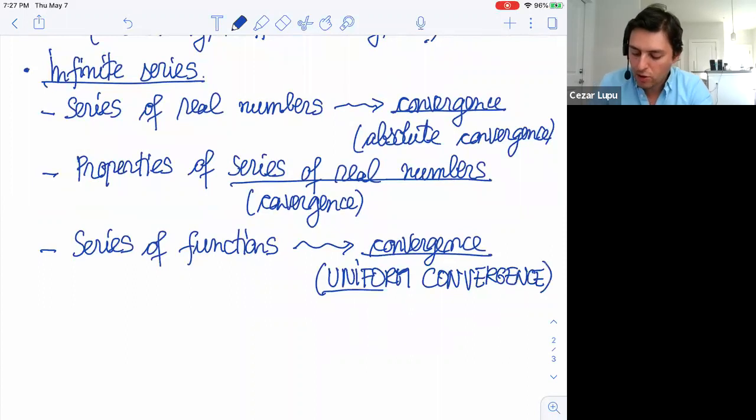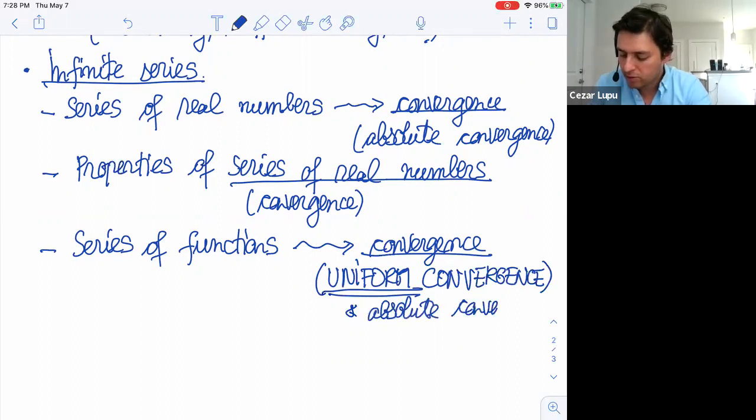And of course, also absolute convergence.